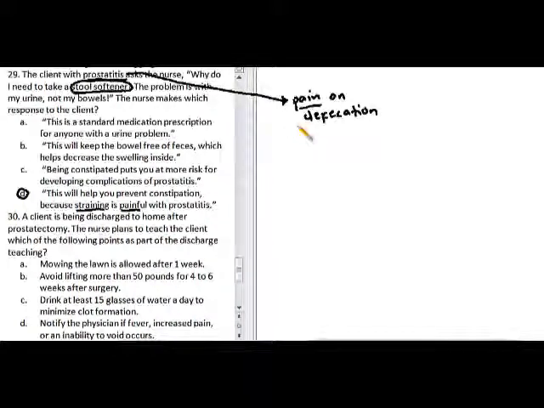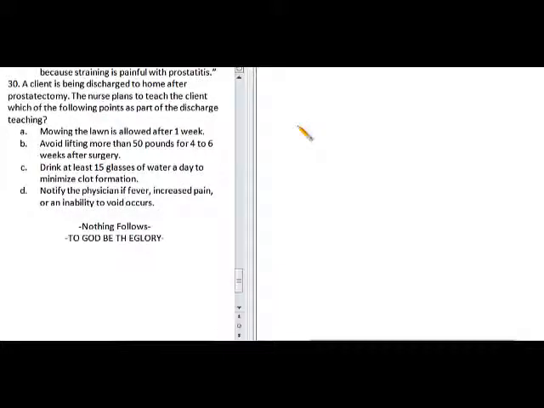Next, number 30. Client is being discharged to home after prostatectomy. Nurse plans to teach the client which of the following points is part of the discharge teaching. A. Mowing the lawn is allowed after 1 week. No, because after the surgery, you need to avoid strenuous activity.